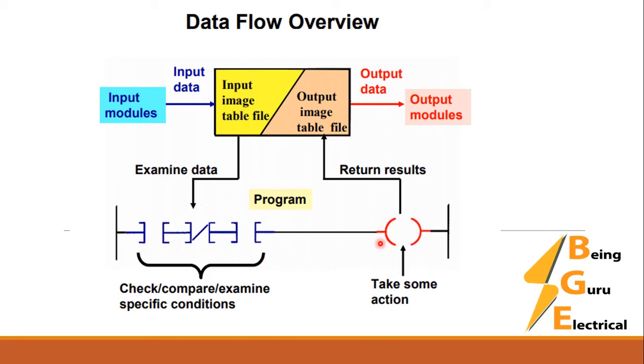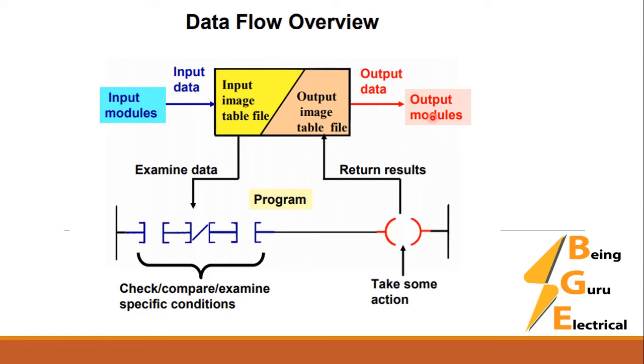This action is stored in the output image table, and the output load or any other process can be controlled from this output image data table. So this is the complete data flow, how the data is flowing inside the PLC, how it's taking the data, and how the data is going out to the load.